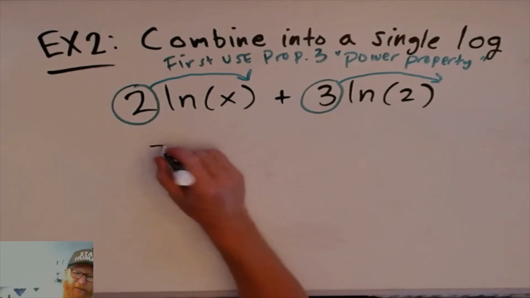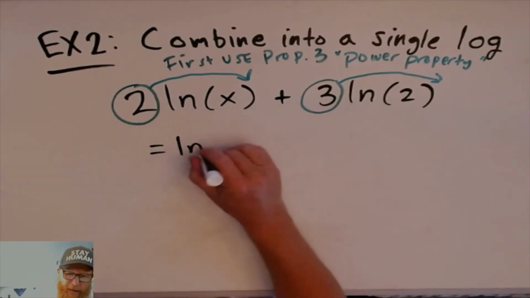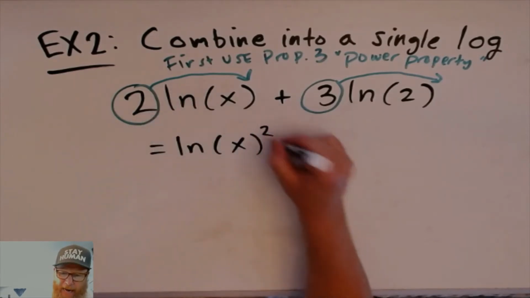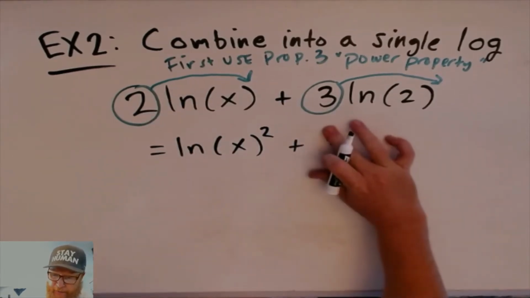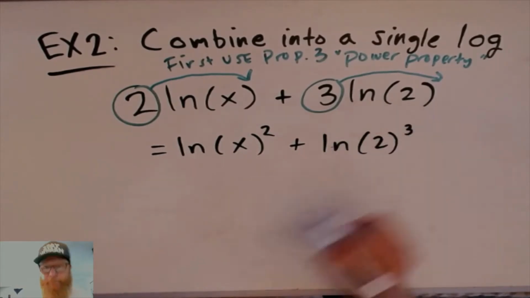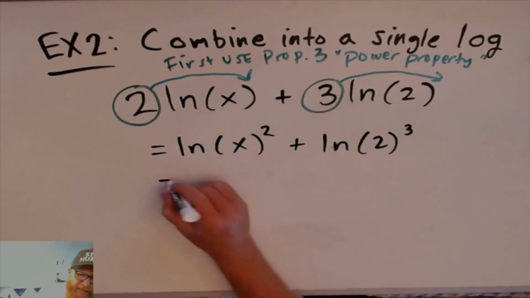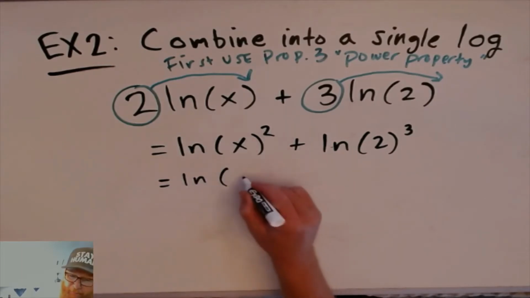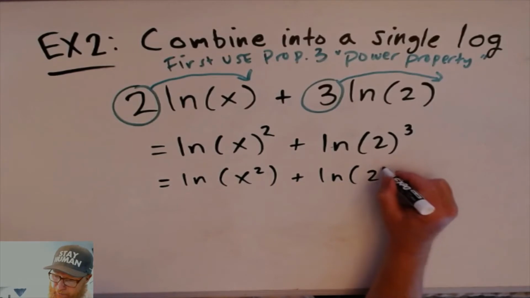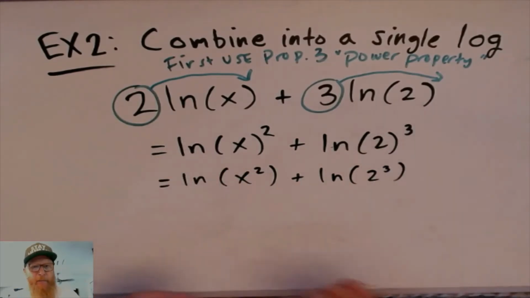So you must do that first before you try to employ any of the other properties. Now you can put the exponent outside of the parentheses. Or you can bring it inside of the parentheses. It means the same thing. It's another one of those tomatoes. These mean the same thing.